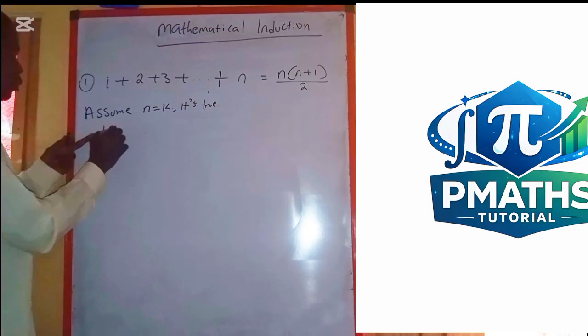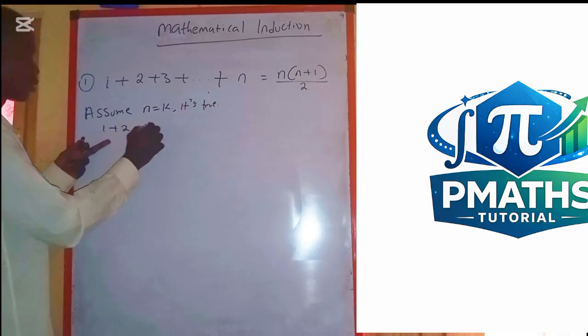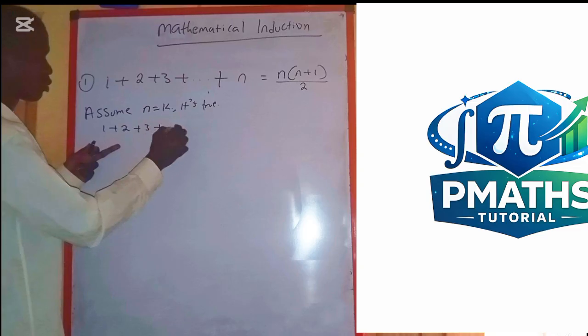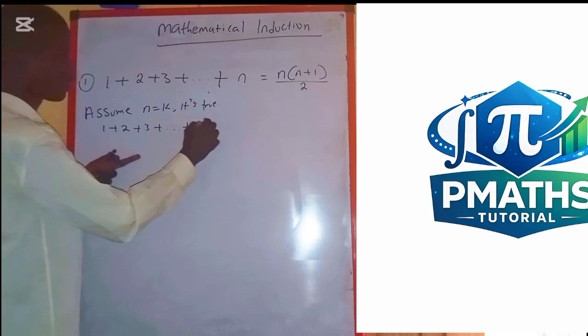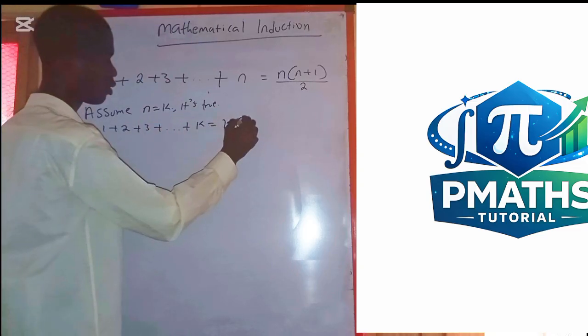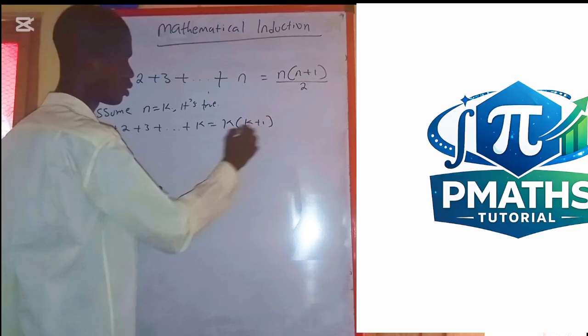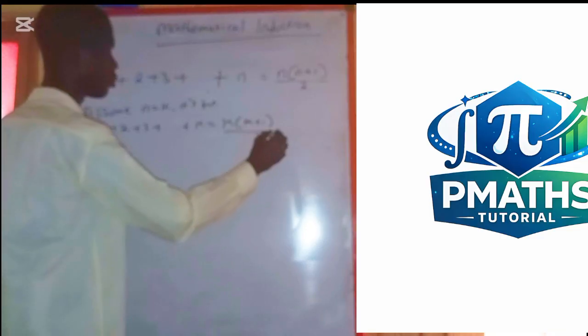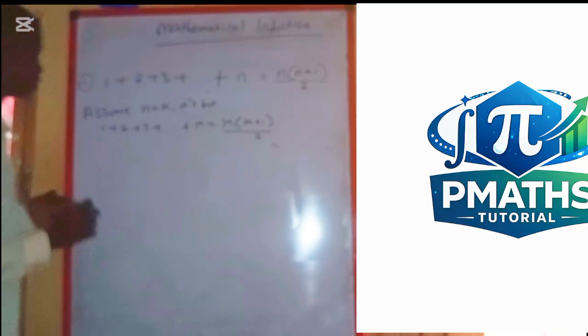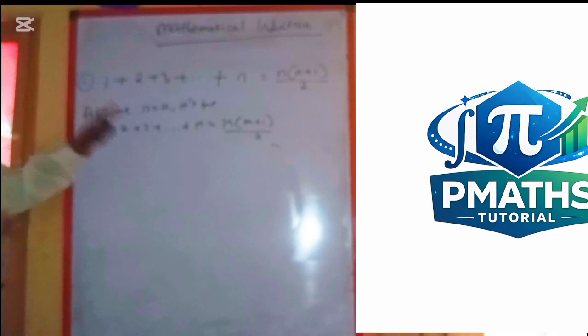So 1 plus 2 plus 3 plus dot dot dot plus k equals k bracket k plus 1 over 2. That's it. We assume this is true.